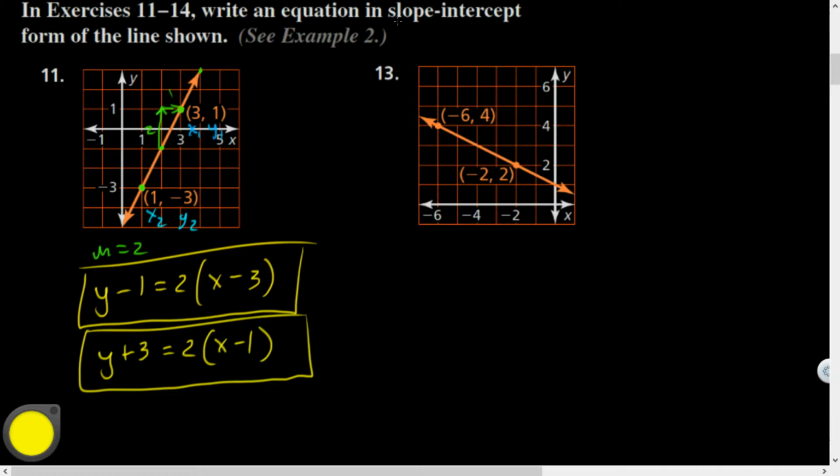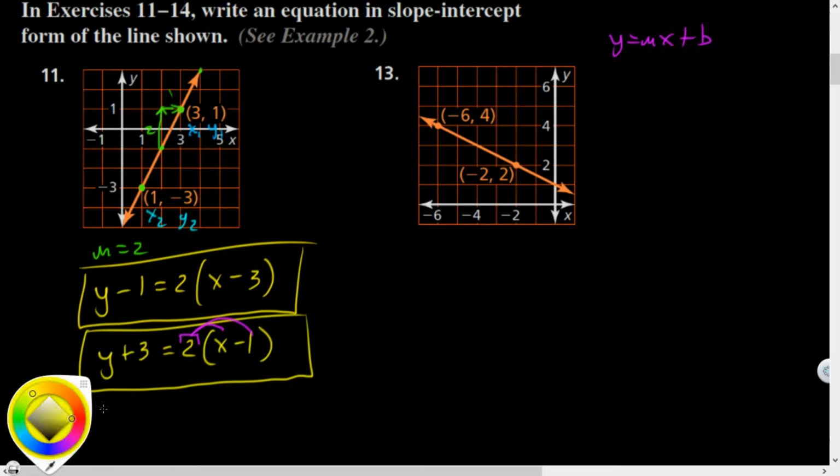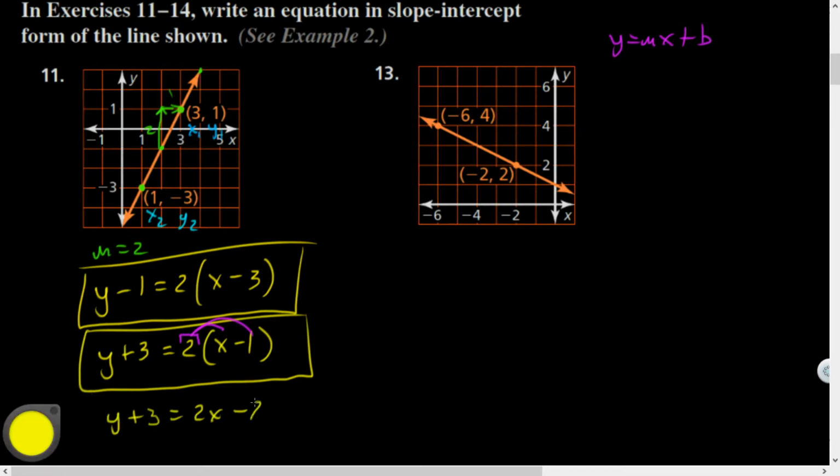Now, wait a minute. Pause. They told me to write it in slope-intercept form. What can I do to write this in slope-intercept form? Well, slope-intercept form, friends, is y equals mx plus b. And one of the ways you can do that is by solving either of these equations for y. I would do that by starting to distribute. So I'd have y plus 3 equals 2x minus 2.